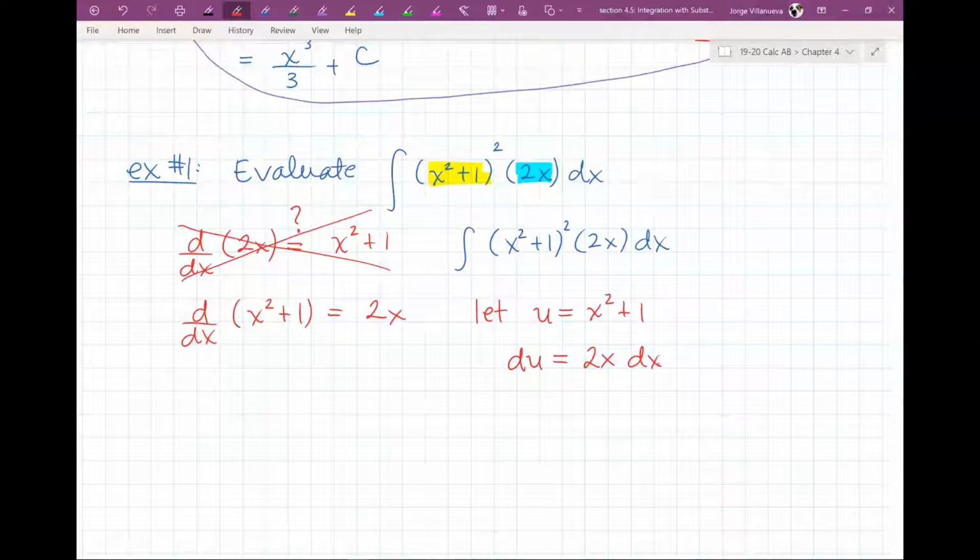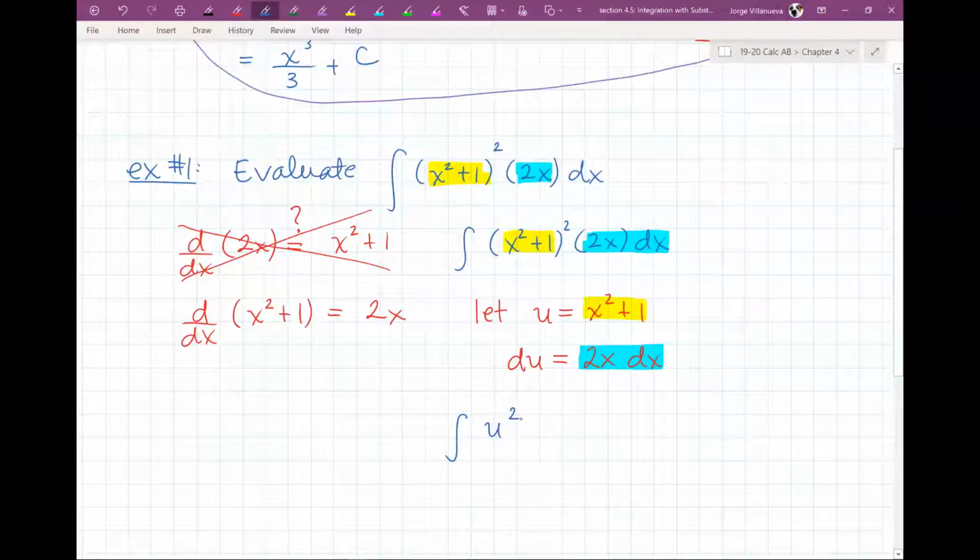All right, now check this out. x squared plus 1 is right here. 2x dx is right there. So what I'm going to do is the following. I'm going to substitute those things in. Instead of the integral of x squared plus 1 squared, I'm going to write u squared.